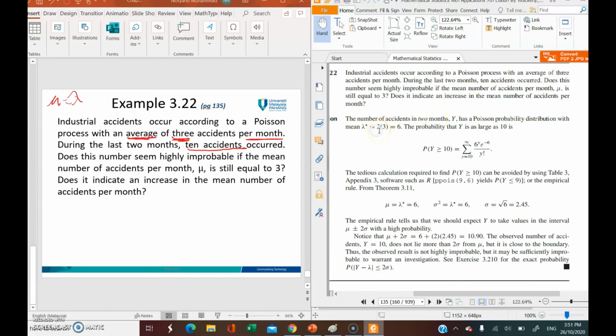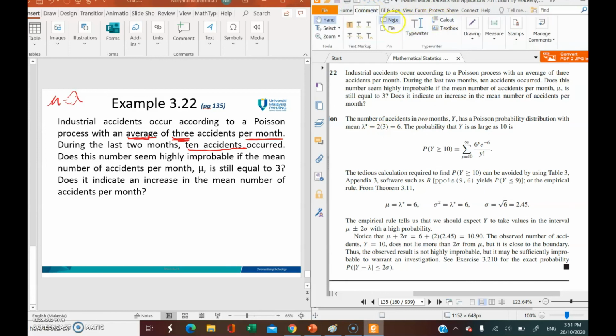When we have 2 months, we times 3, so you get 6. So the probability that y is as large as 10: we will have probability y greater than or equal to 10, so y equal to 10 until infinity, and your lambda here is 6.